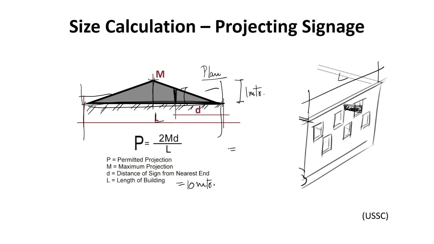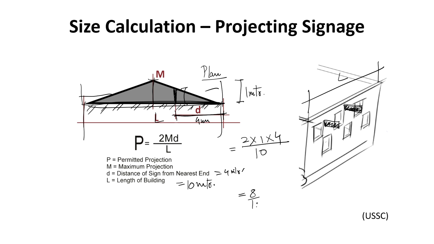Let me put this into a formula: 2 into M, where M is 1 meter, and D. I don't want to put the signage at the center. Maybe this is a good place to keep my signage, so let us take D as 4 meters, and L is 10.